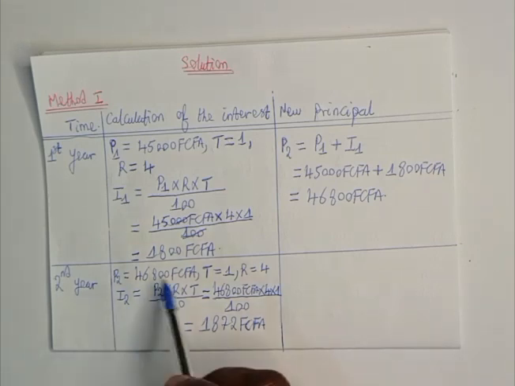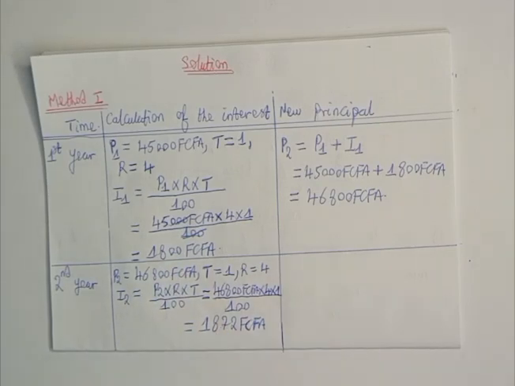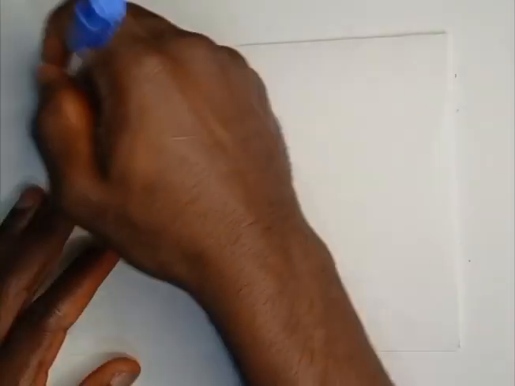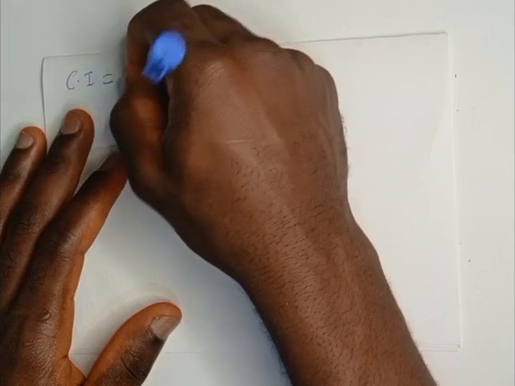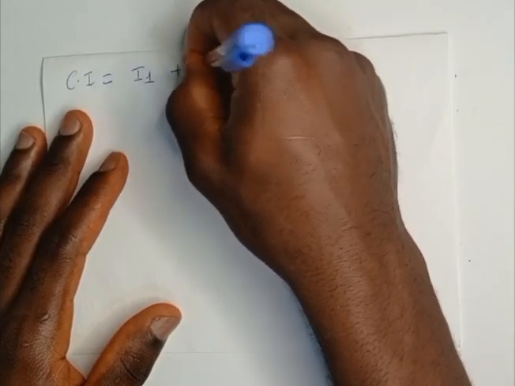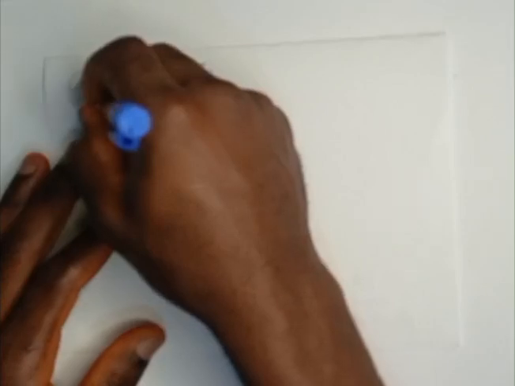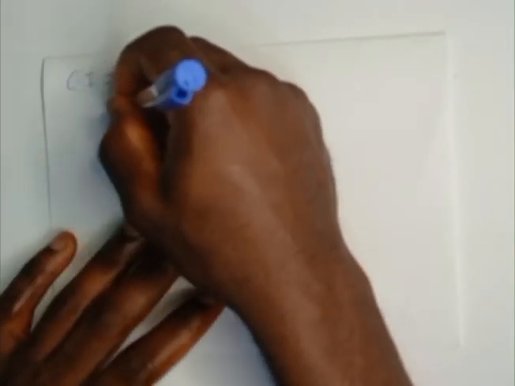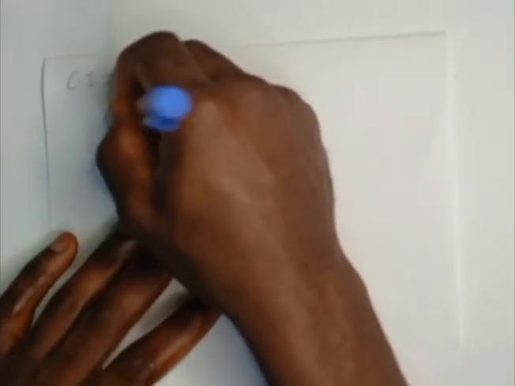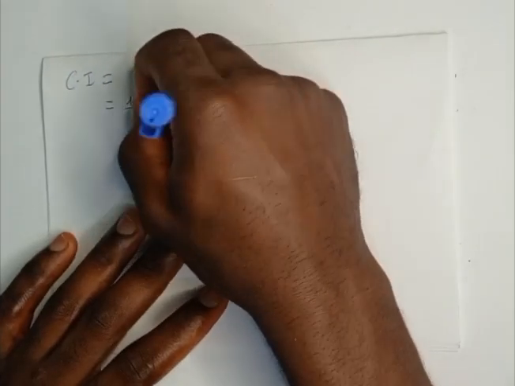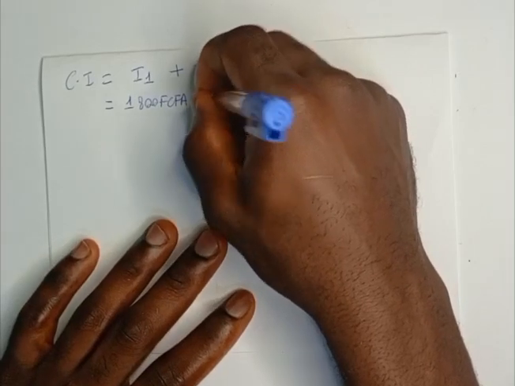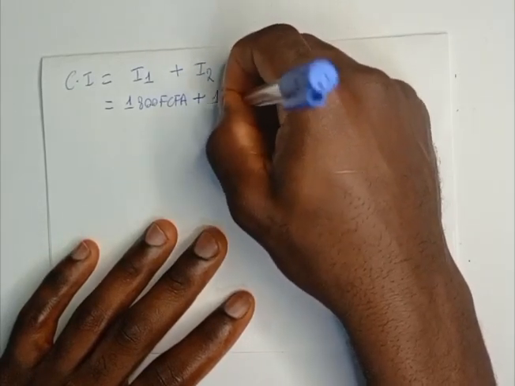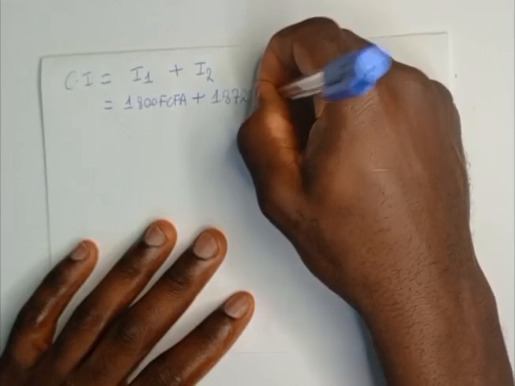Now, knowing the interest for the first year and the interest for the second year, we can now calculate the compound interest. Compound interest, CI, is simply equal to I1, the interest made for the first year, plus I2, the interest made for the second year. And this will be equal to, for I1, we have 1,800 francs CFA, plus I2, which is 1,872 francs CFA.